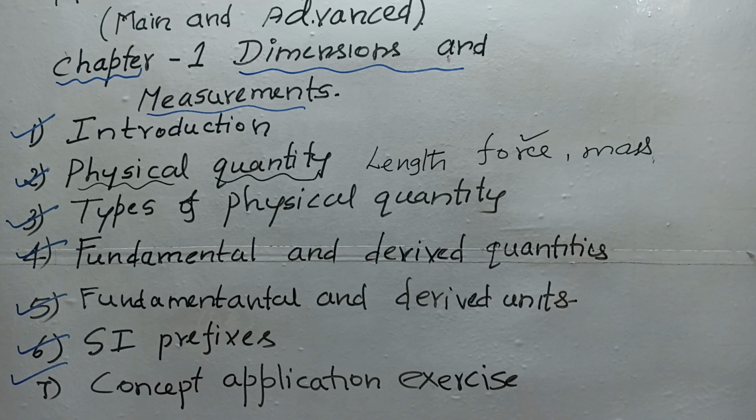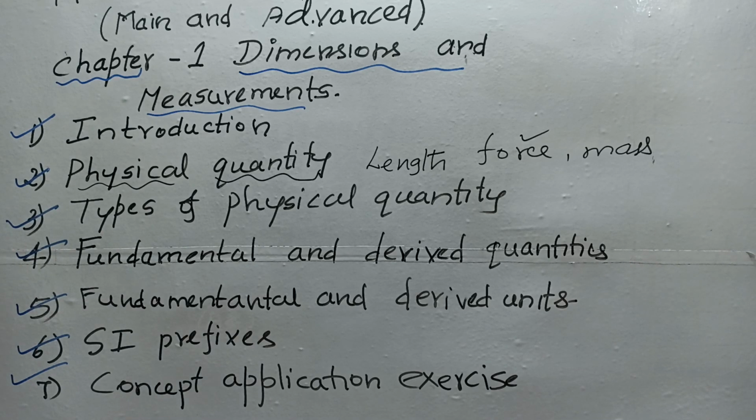Measurement is necessary to determine the magnitude of a physical quantity. So why should you measure? Measurement is necessary to determine the magnitude of a physical quantity, or to compare two similar physical quantities, and to prove physical laws or equations.